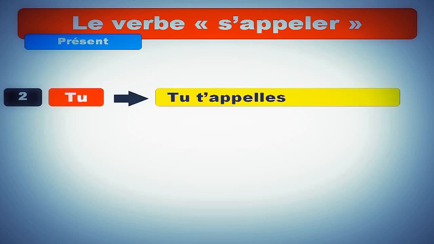Okay, second form, well, same thing, but then usually for tu, the form is tu te, and then something in here. We're starting with a vowel, so it's the same thing as previously, the e disappears, so we get this tu t'appelles, okay, final S is not pronounced, tu t'appelles. Repeat.